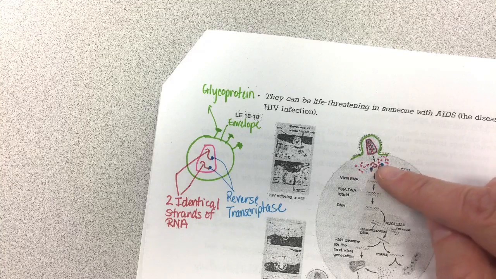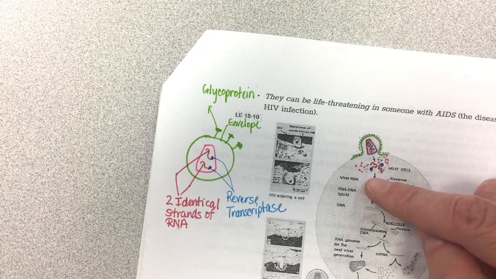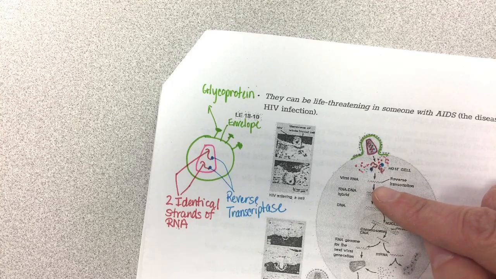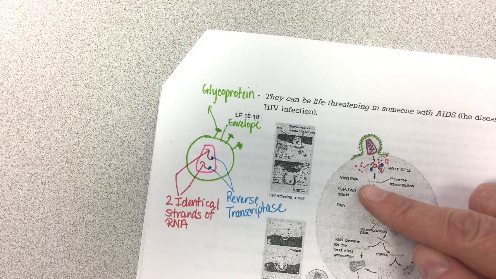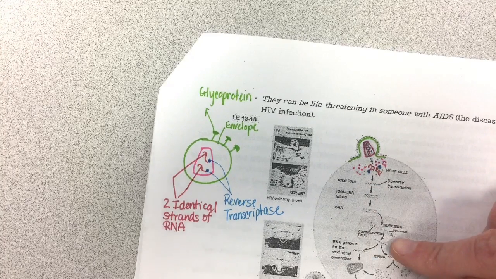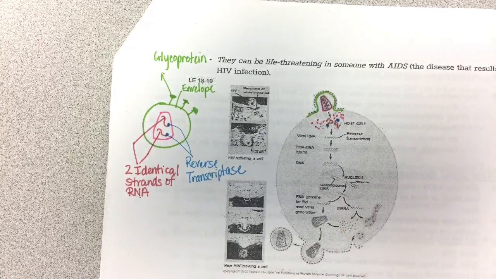This is why the reverse transcriptase is so important for the virus: once in a host cell, it can be used to copy the genetic material from the RNA into a molecule of DNA and then insert it into the host cell's chromosome. So that's what we're going to look at here.